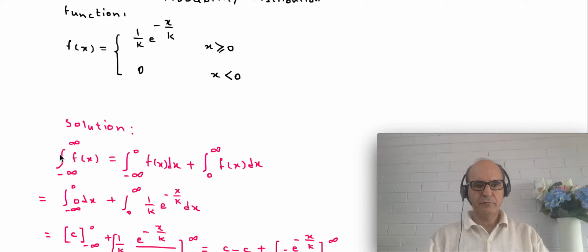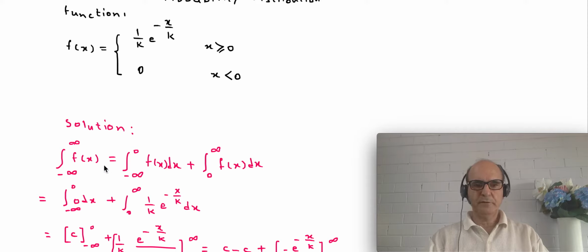Alright, so we form the integration and we split it into two parts because our function itself is given in two parts. One from minus infinity to 0, which is x less than 0, and the other one is x 0 or positive.